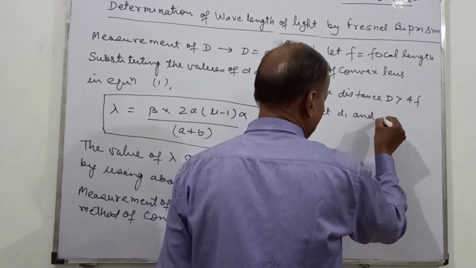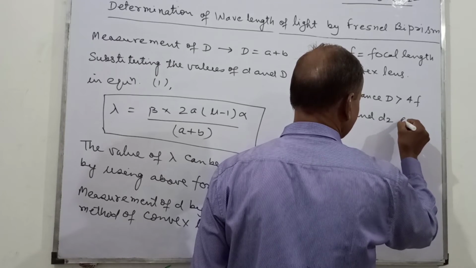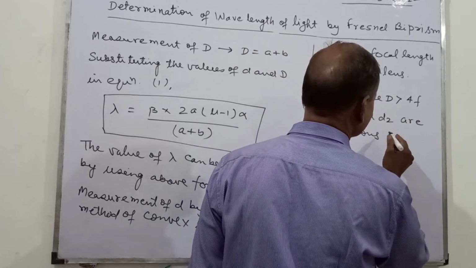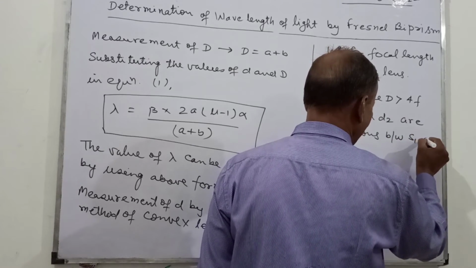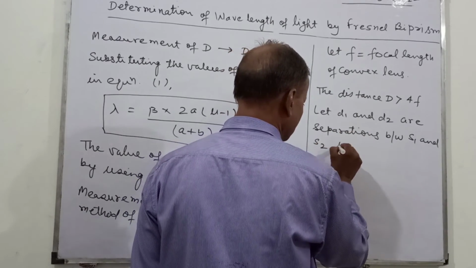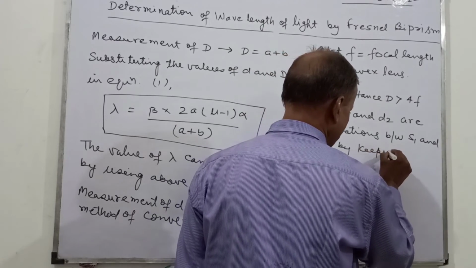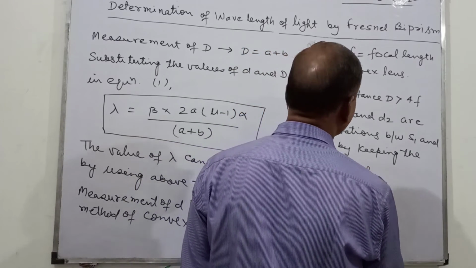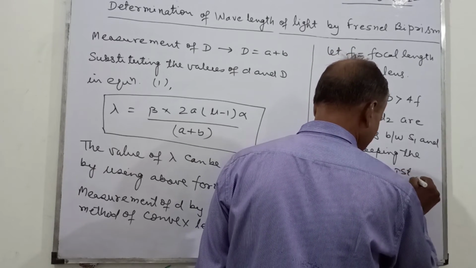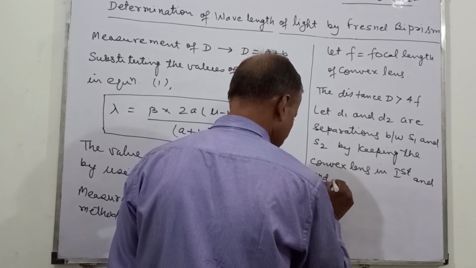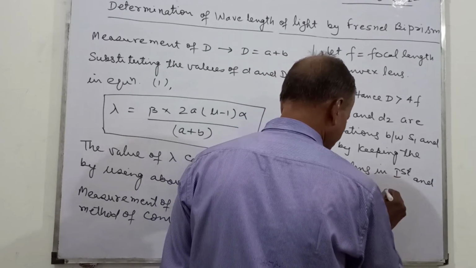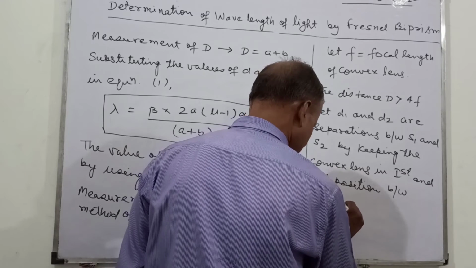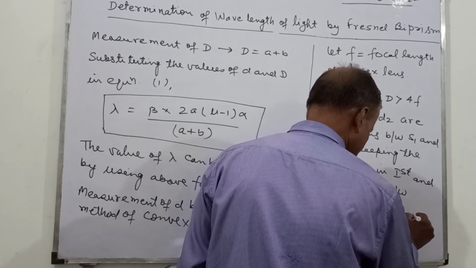Let d1 and d2 be the separations between S1 and S2 by keeping the convex lens in the first and second position between biprism and screen.